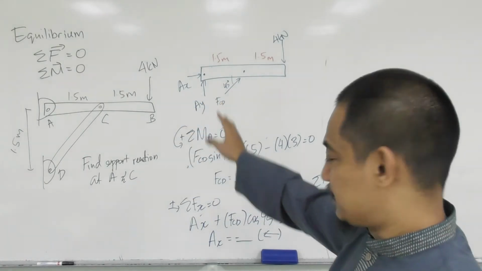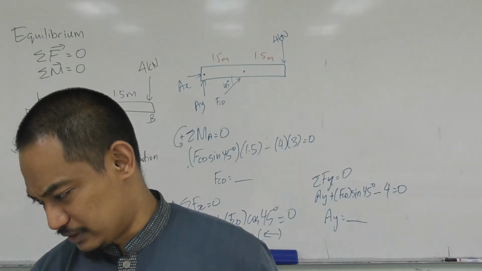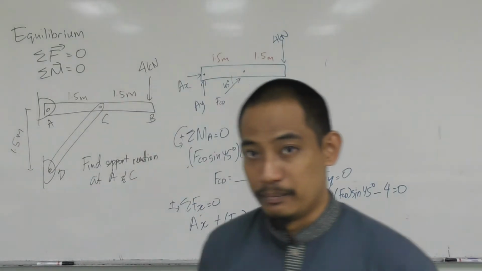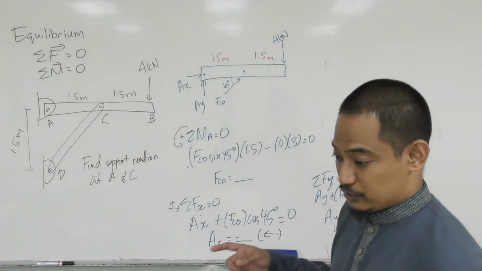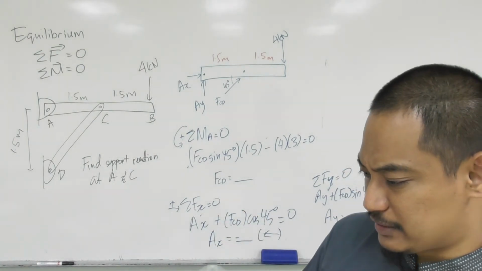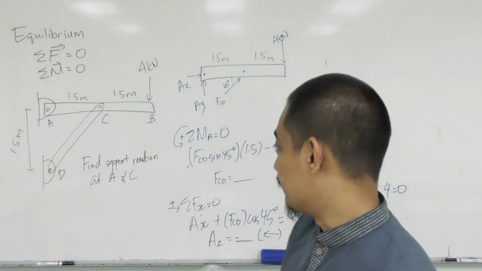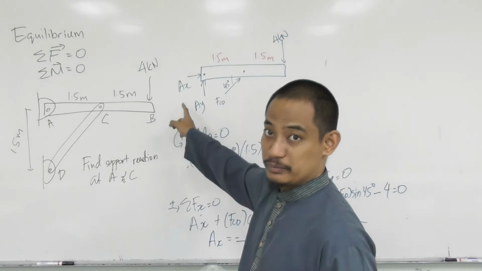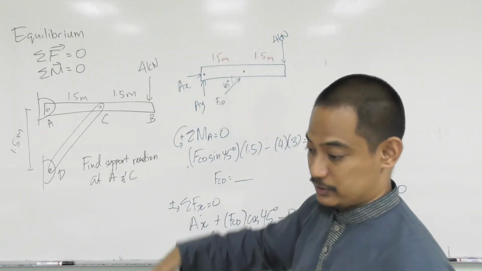Alright, so that's how basically we solve it, and the answer is also in the slide, so I'm not focusing on the answer that much, but only on the steps. Hopefully you understand the steps. So according to the slides, for AX and AY both will get a negative value if you assume to the right and upwards, meaning that AX is actually to the left and AY is actually downwards.